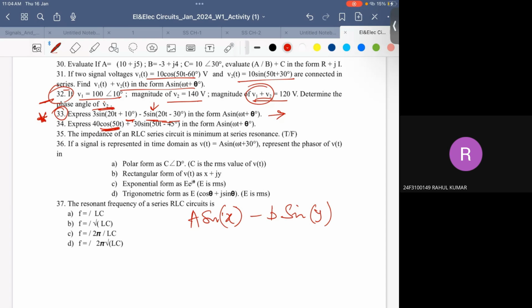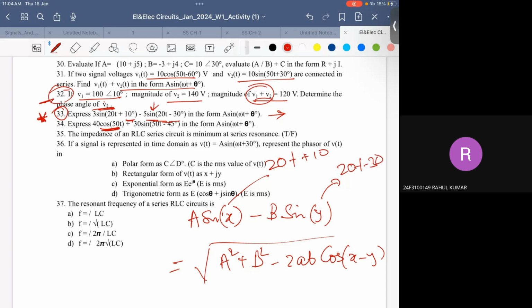A square plus b square minus 2ab cos of x minus y. You can just try to put x as 20t plus 10, and y as 20t minus 30. So that method is there, but that will be a bit difficult to calculate, I guess.